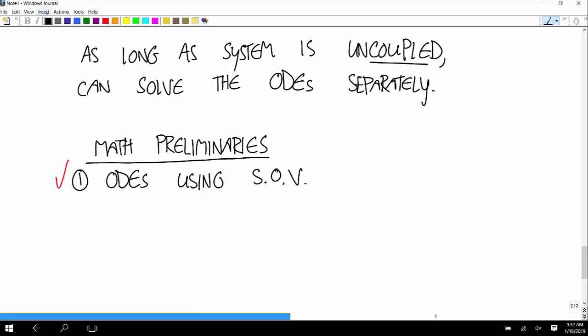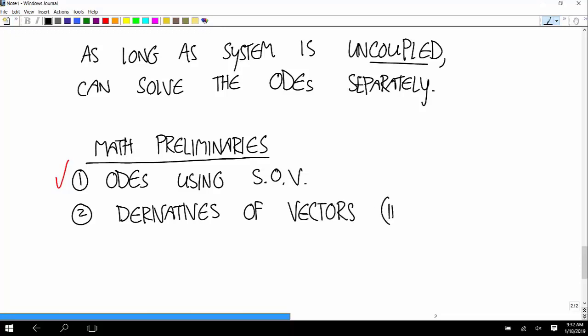And now we're going on to derivatives of vectors, as long as the coordinate system is non-rotating.